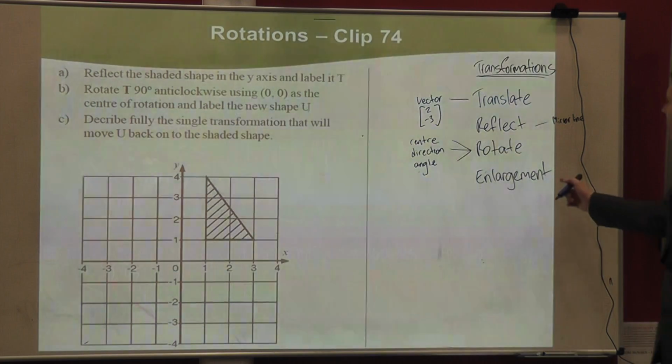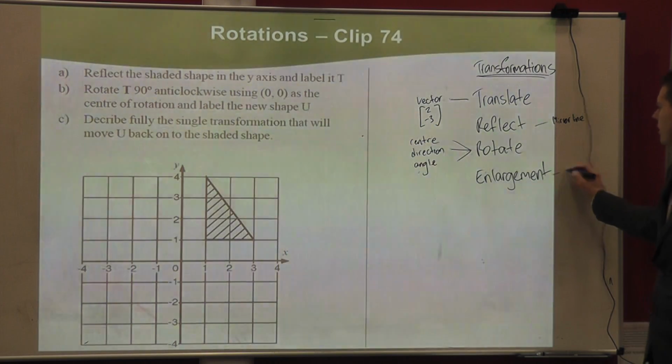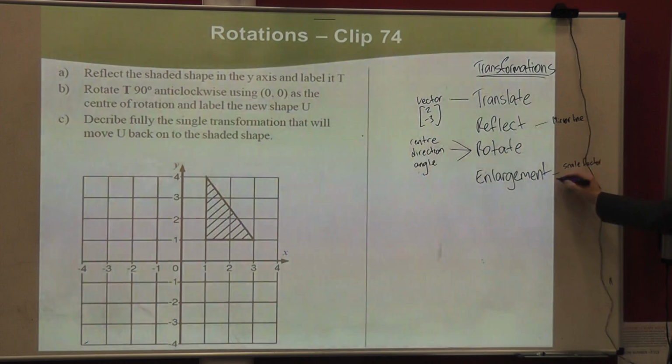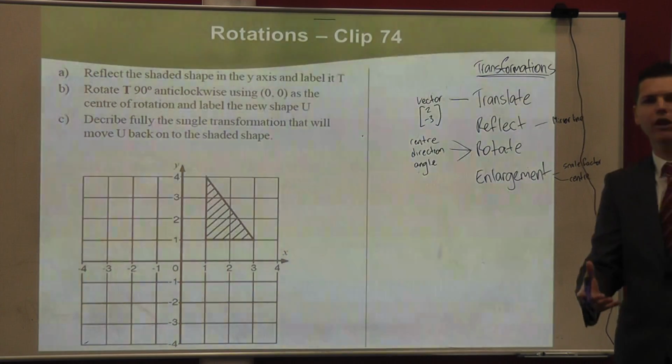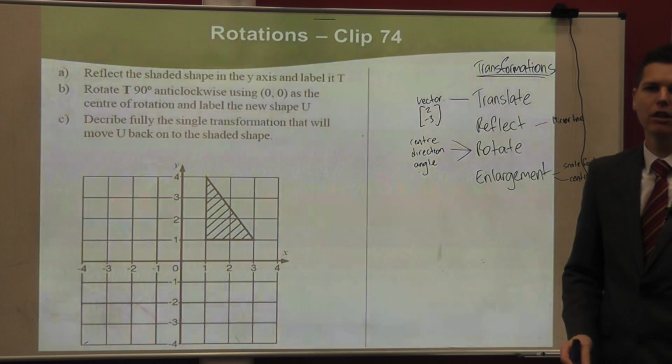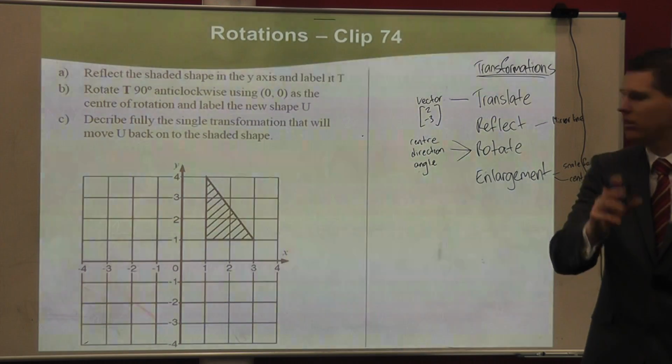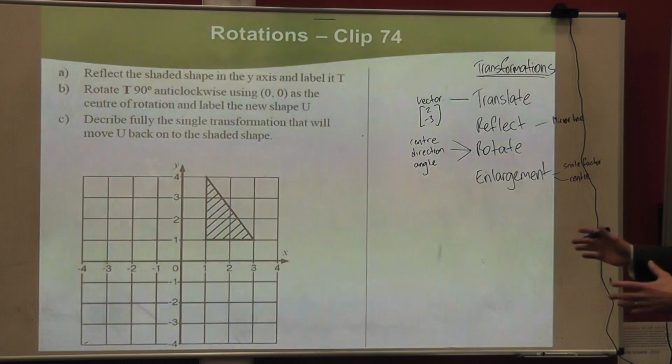And the last one is an enlargement. What you're given in an enlargement is a scale factor, and generally to make it more difficult, they'll give a center of enlargement as well, which means it has to be not only enlarged, but enlarged to a specific place on the grid. And so there are 4 different types of transformations.